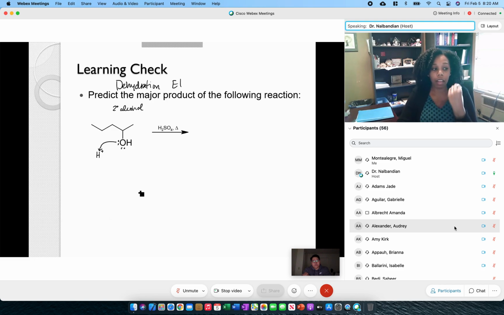The arrow starts where we have electron density, and ends where we have a lack of electron density. So as we are drawing our product here, in this first step, we are getting an oxygen that now has 2 hydrogens on it, and a lone pair, and a positive charge.